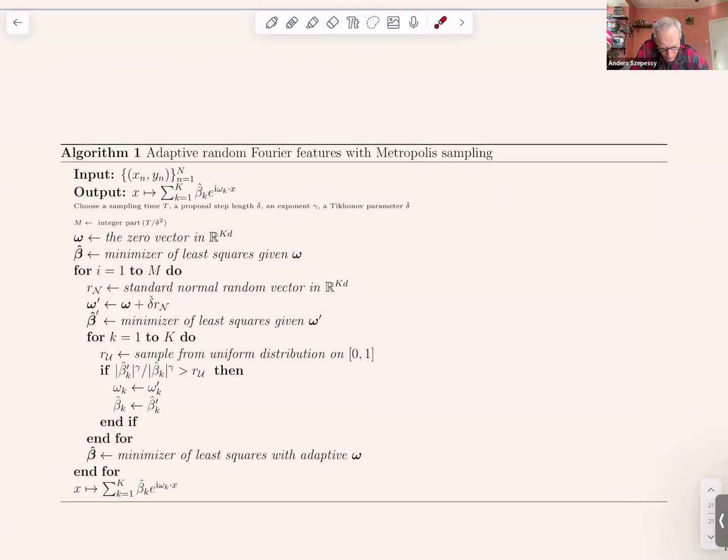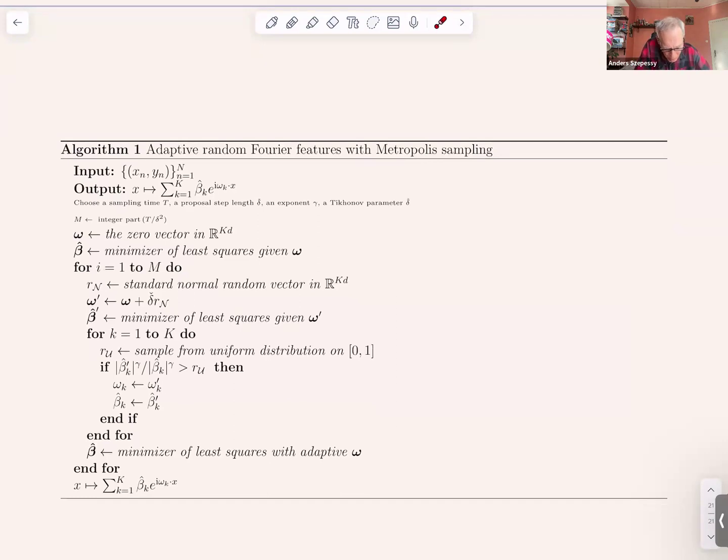Here is the algorithm for how one does this adaptive Metropolis, which will also be given in the poster by Kammonen and others. So you are given input data, and you want to compute the Fourier neural network here.